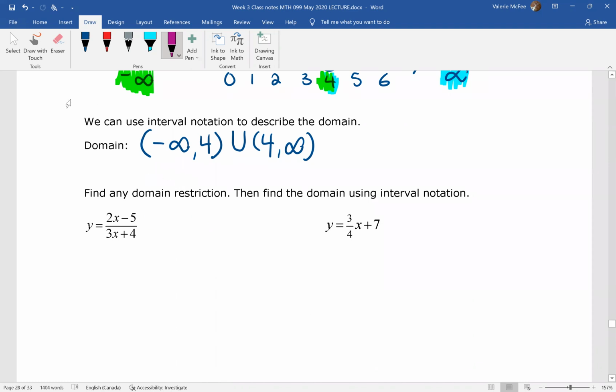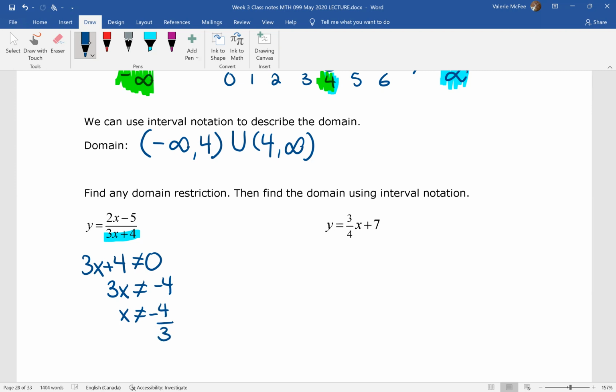Let's try another one. The denominator cannot equal 0. Subtract 4, divide by 3. This is my domain restriction.